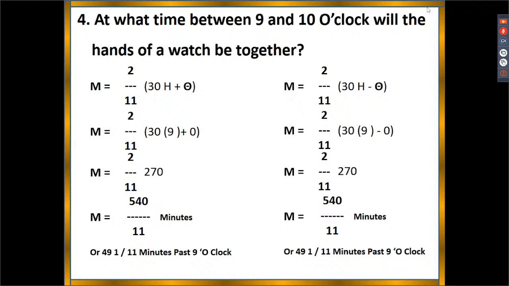If theta is 0, there is no problem because plus 0 or minus 0 makes no difference. If theta is 90, plus 90 and minus 90 make a difference now. Write down 49 1 by 11 minutes after 9 o'clock is the actual option from the exam point of view.